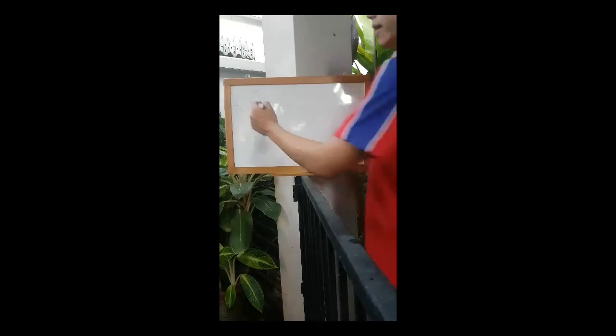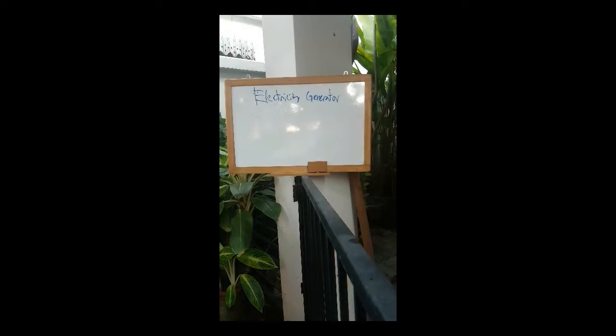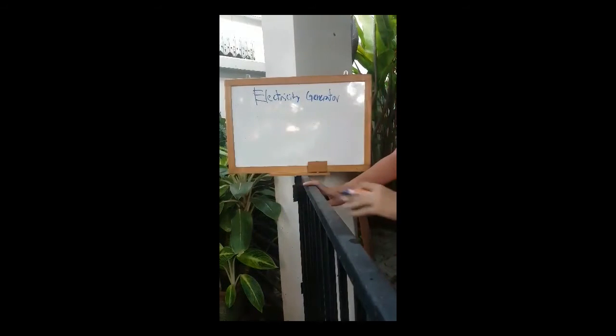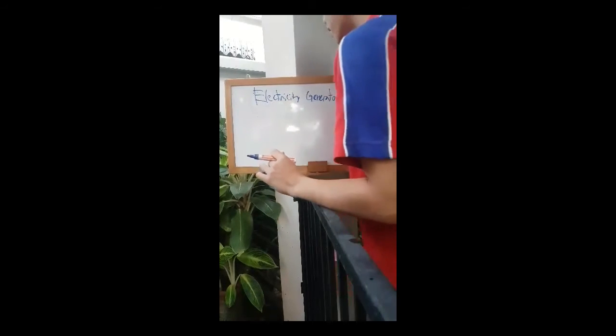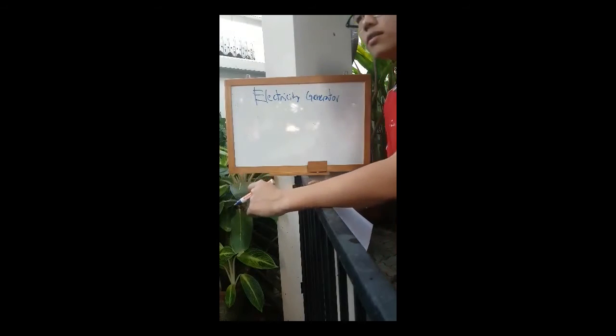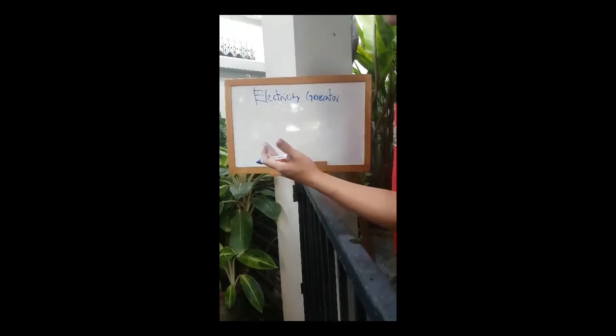My topic for today is the electricity generator. What is it? It's a device used to convert mechanical energy to electrical energy for use in an external circuit or in an electrical device, any device that uses electricity.